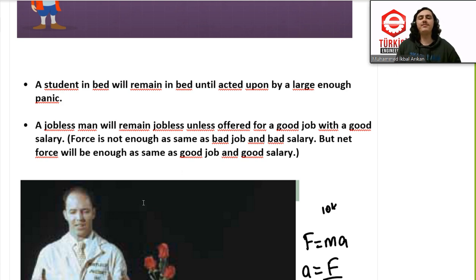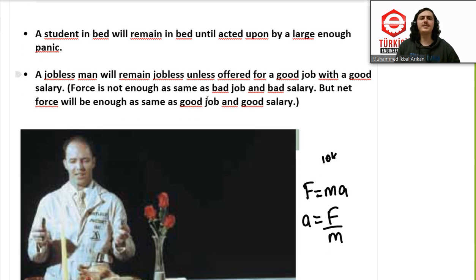A jobless man will remain jobless unless offered a good job with a good salary. So force will not be enough, the same as with a bad job. If somebody offers you a bad job with a bad salary, you will say, oh no, I have inertia, I have a tendency to do nothing, so I will just sleep and not work.